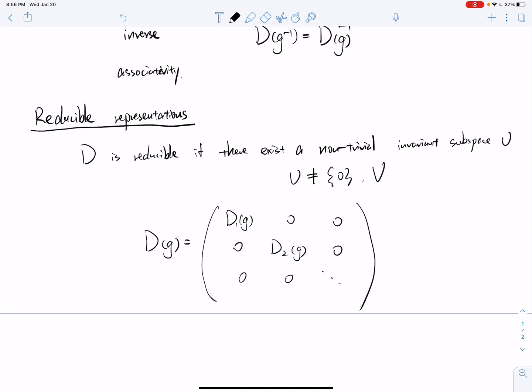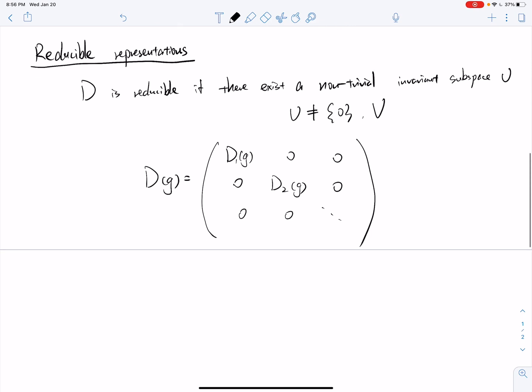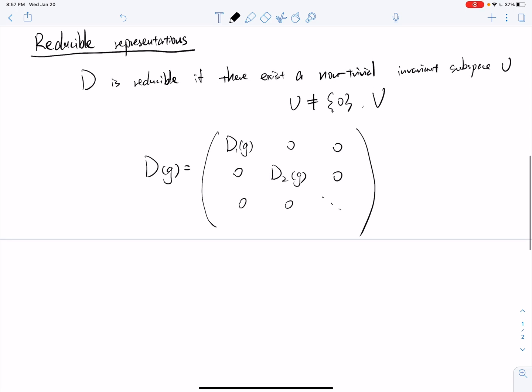They're matrices. They're not just a one by one element. And the off-diagonal elements are zero. If we are not able to reduce this representation into the block diagonal forms, then the representation is said to be irreducible. So otherwise, if we cannot reduce it, D is irreducible.